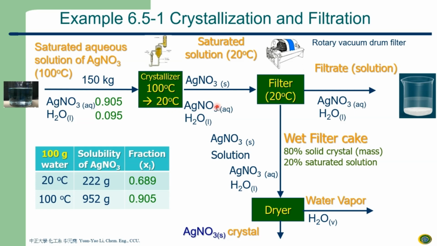Sorry, if this is 20, right? 20 is here. At 20 Celsius, the solubility is the molar fraction of silver nitrate, 0.689. So you will have this 0.689. And also this one is what? 31.1. Because these two together will be 1, right?